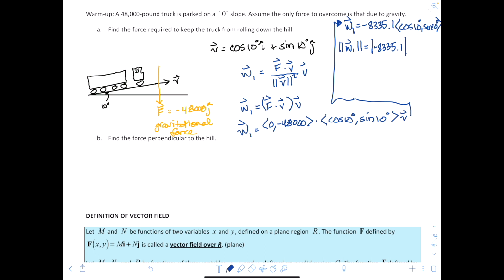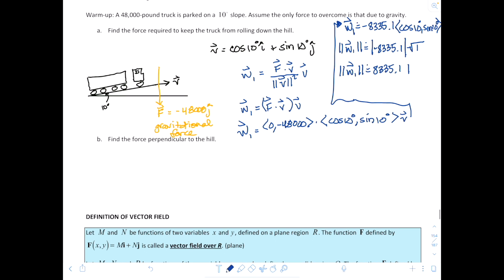But isn't that just 1? So the square root of 1. So the force needed to keep the truck on the road from rolling down the hill is approximately 8,335 pounds. Cool? All right.